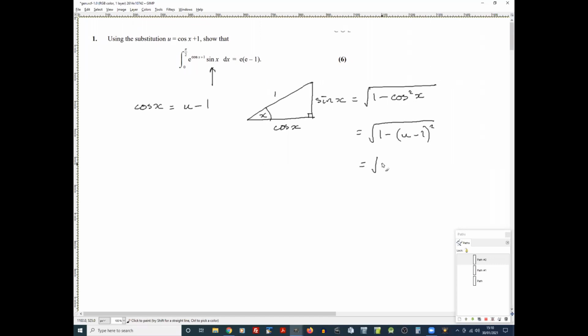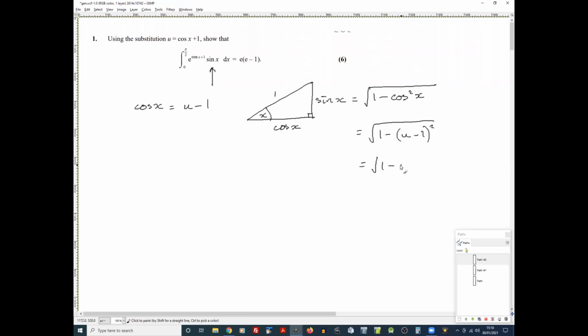So when we expand it, what have we got? u squared take away 2u plus 1. And so when we remove the brackets, what have we got?